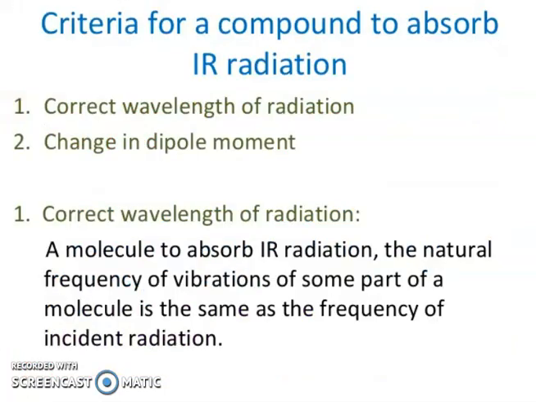So, the criteria for a compound to absorb IR radiation: correct wavelength of radiation and change in dipole moment. Correct wavelength of radiation means that for a molecule to absorb IR radiation, the natural frequency of vibration of some part of the molecule is the same as the frequency of the incident radiation.